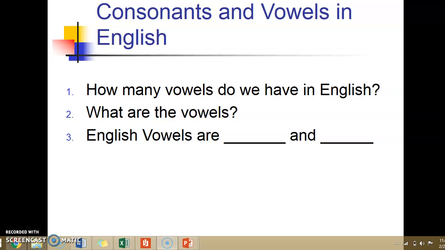Number 1, how many vowels do we have in English? Number 2, what are the vowels? You can always press on pause, think about your answer and write it down. Number 3, English vowels are blank and blank.